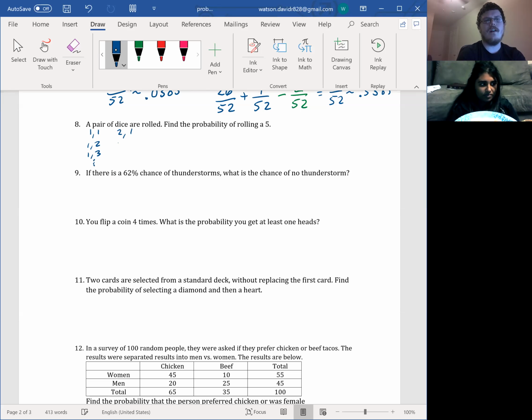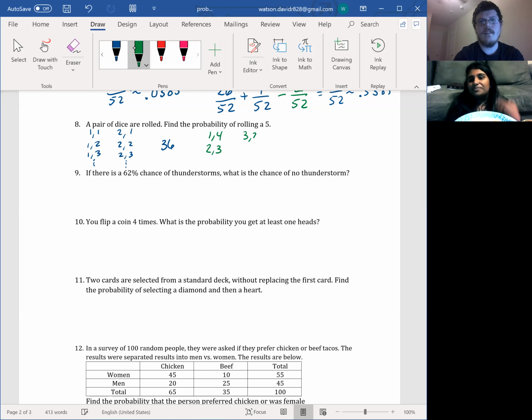Then a 2 and a 1, a 2 and a 2, 2 and a 3, and so on. In total, there are 36 different possibilities. All right, so how many of those can give us a 5? Well, a 1 and a 4, a 2 and a 3, a 3 and a 2.